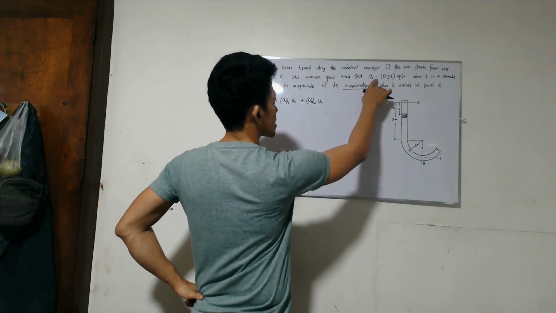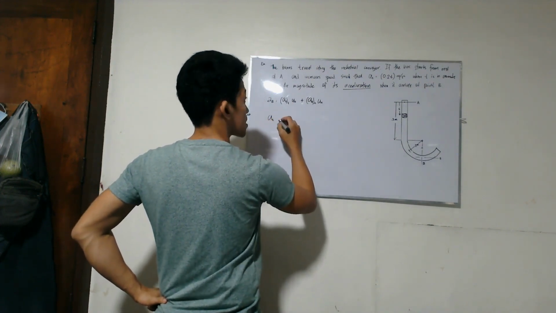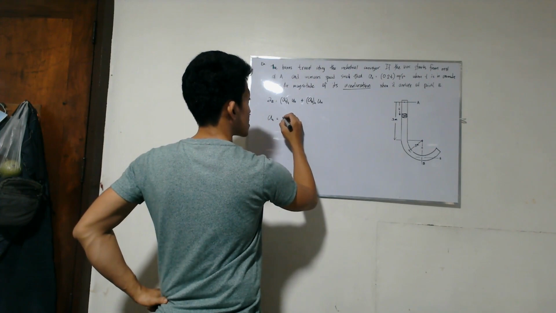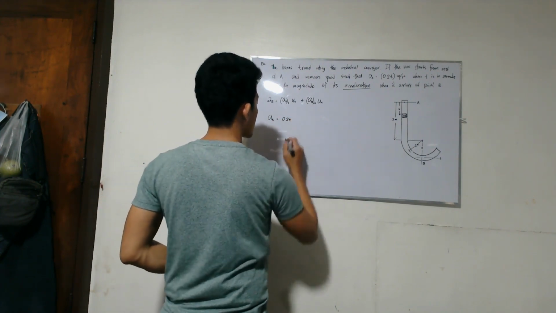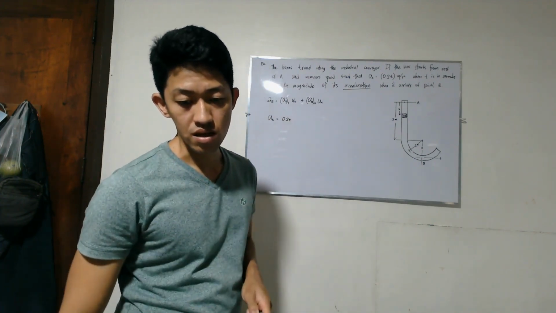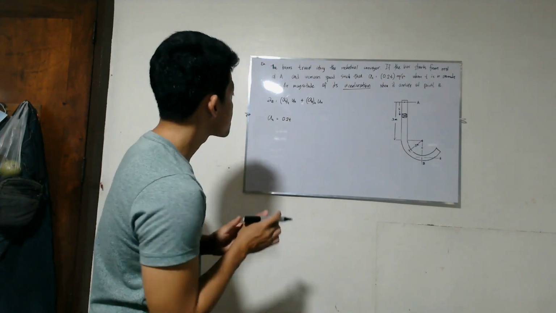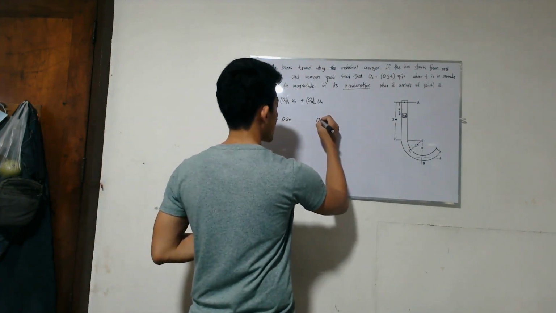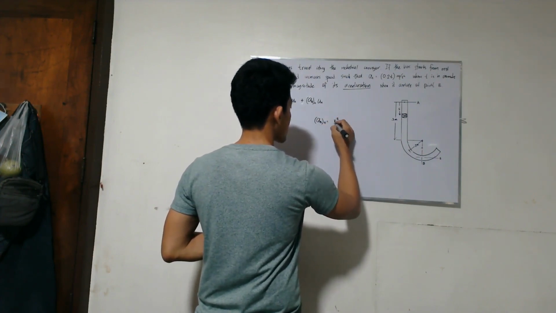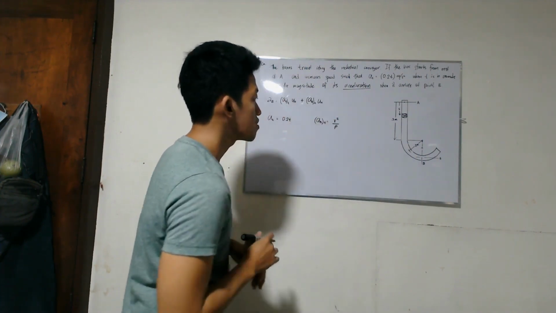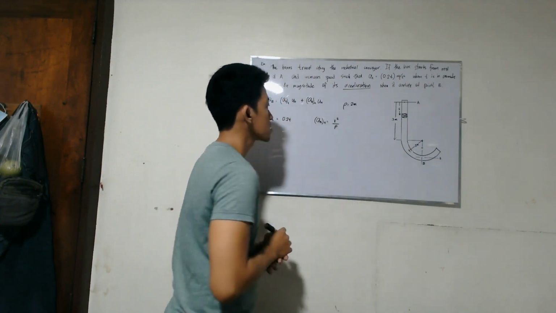We know that the acceleration of A tangential is given by this one. A sub t is 0.2 t. Okay? So, mauna siya. That is the given. And then, for the normal component, a sub n is just v squared over rho, wherein the rho is 2 meters. Okay?